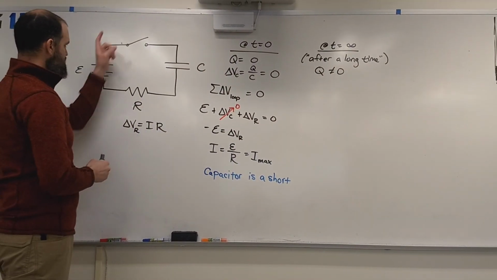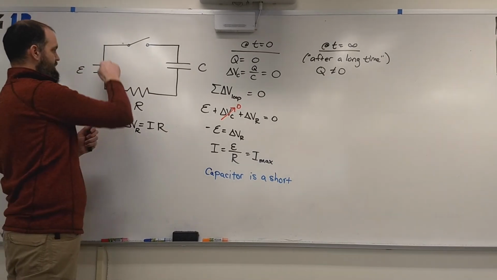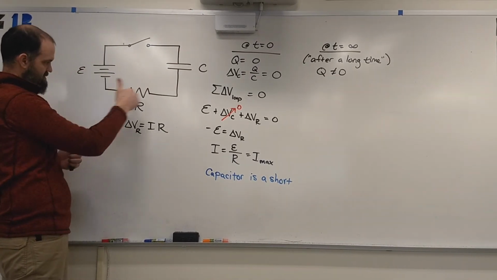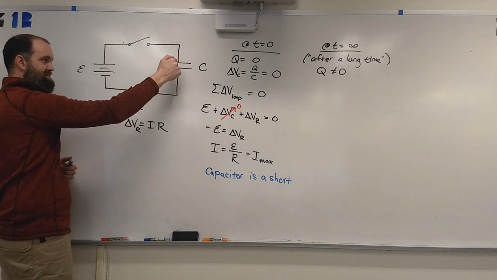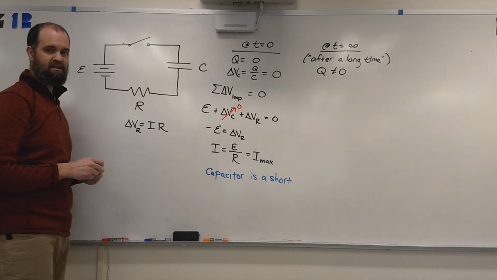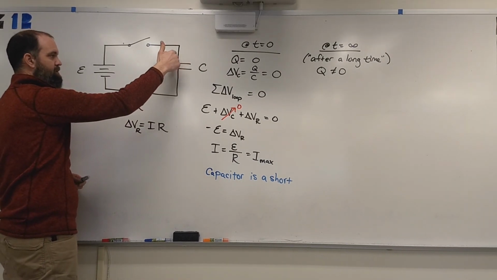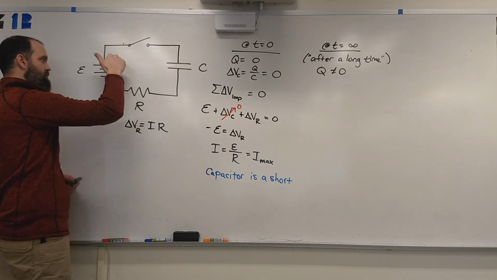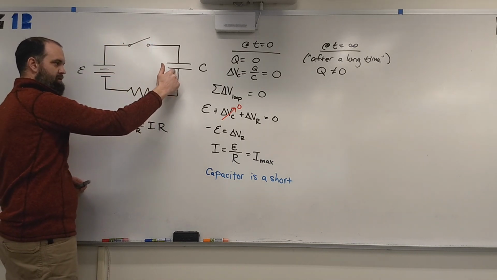What we've done is the moment we throw that switch, we have some current flowing. Well, we can't get electrons to move all the way around the circuit. They're actually going the other way, right? We can't get electrons to move all the way around the circuit because there's actually a physical gap inside that capacitor. So what's happening is electrons are being pulled off the top plate, moved around, put through the battery, and electrons are being pushed by the battery through the resistor, and then back onto the bottom plate.